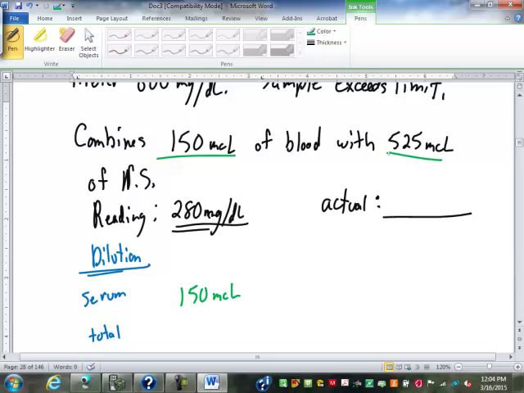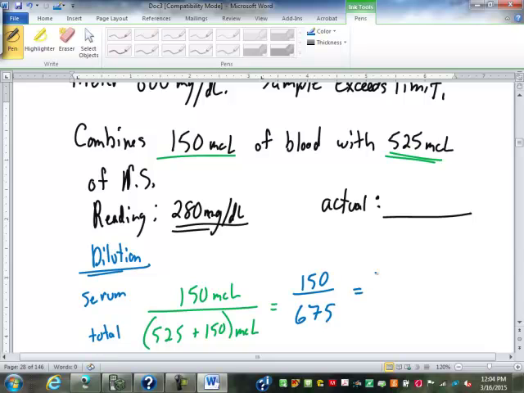The 525 is just the amount of the water used, so the total is the 525 plus the 150. I'm just going to assume that the microliters divide out again and skip that. So this is going to become 150 over 675. And then we're going to reduce.